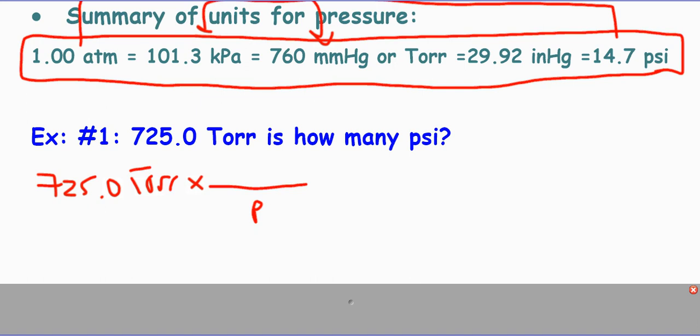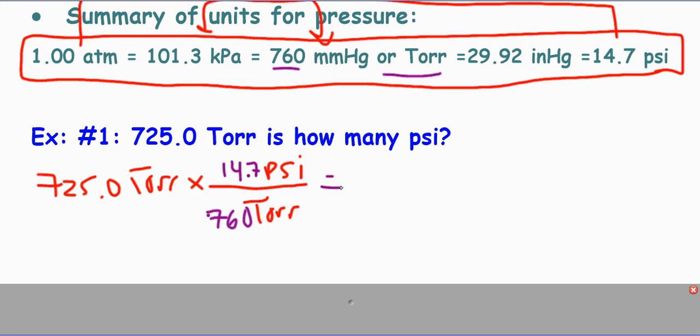Let's put the unit we want to cancel on the bottom and put the unit we want to go to on top, and then we're just going to fill in the conversion factors. So it says for every 760 torr, we'd have 14.7 pounds per square inch.